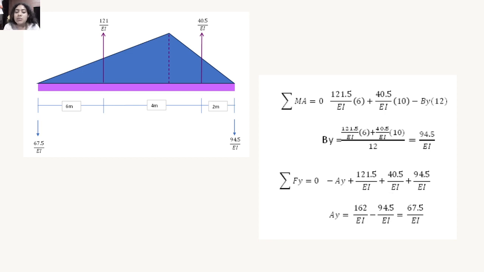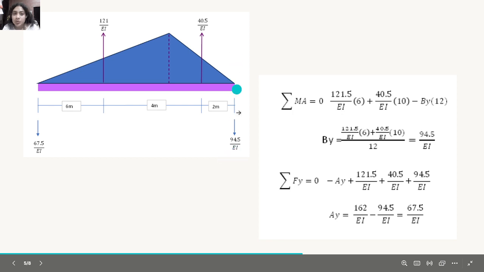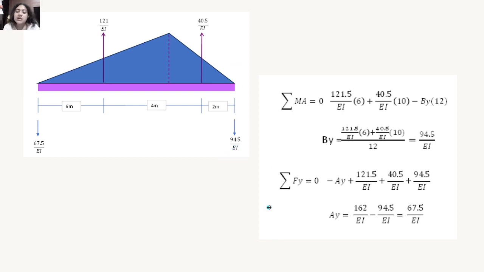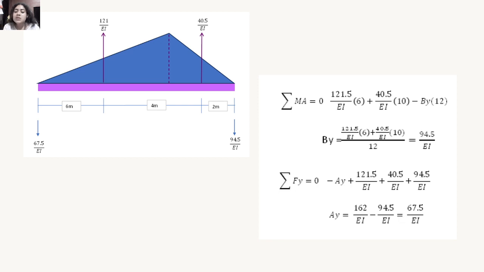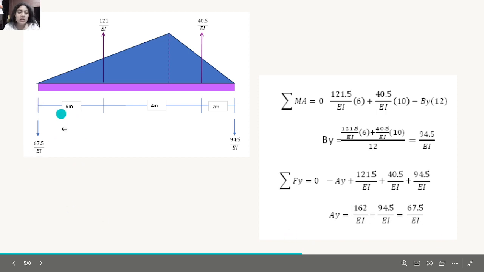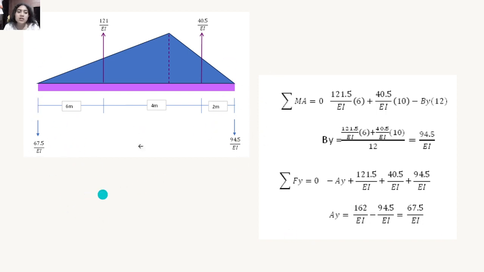Less Aj plus 121.5 plus 40.5 plus 94.5, it's the new force, and then Aj equals 162 less 94.5, and it's equal to 67.5 divided by EI. And it's the result, and it's the force C in this diagram.